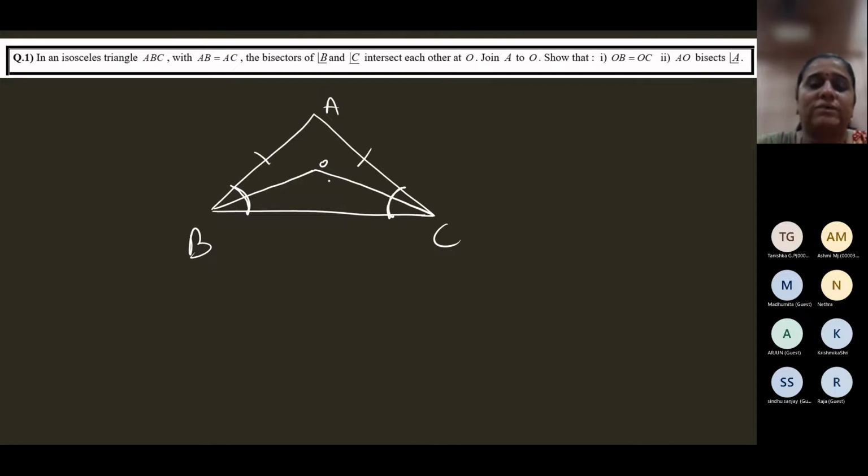The bisectors of angle B and angle C intersect at O. They meet at O. In an isosceles triangle ABC, with AB equal to AC, the bisectors of angle B and angle C, they meet at O. Join A to O. Show that OB is equal to OC.